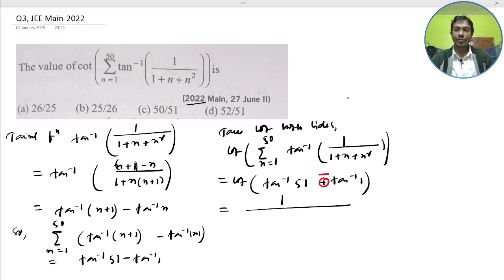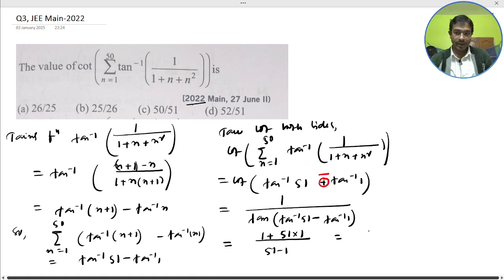Okay, so here we just change cot to tan, so 1 by tan of (tan inverse 51 minus tan inverse 1). So it would become (1 + 51 × 1) divided by (51 - 1). So after calculation, it would become 26 by 25. 26 divided by 25, A would be your correct answer.